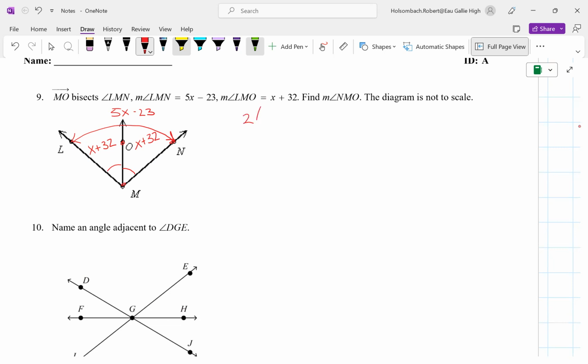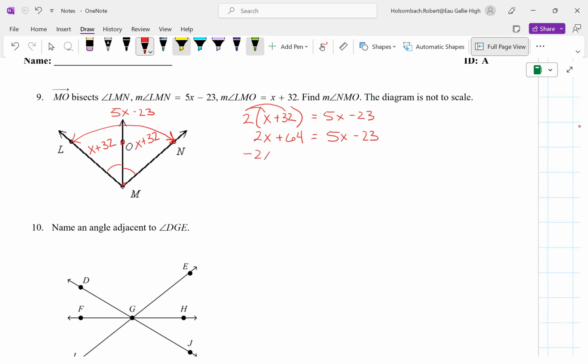So 2 of our x plus 32s are equal to 5x minus 23. So if we do the distributive property, 2 times x is 2x, 2 times 32 is 64, and that's equal to 5x minus 23.